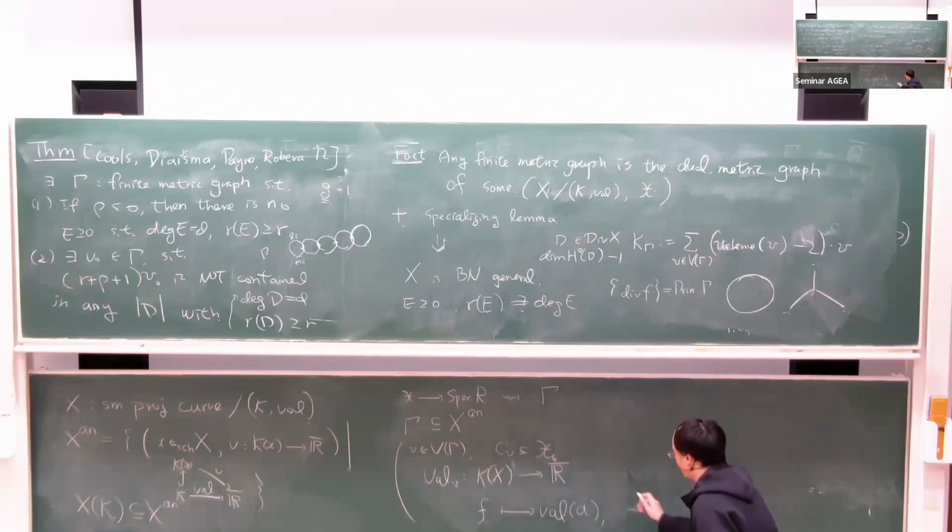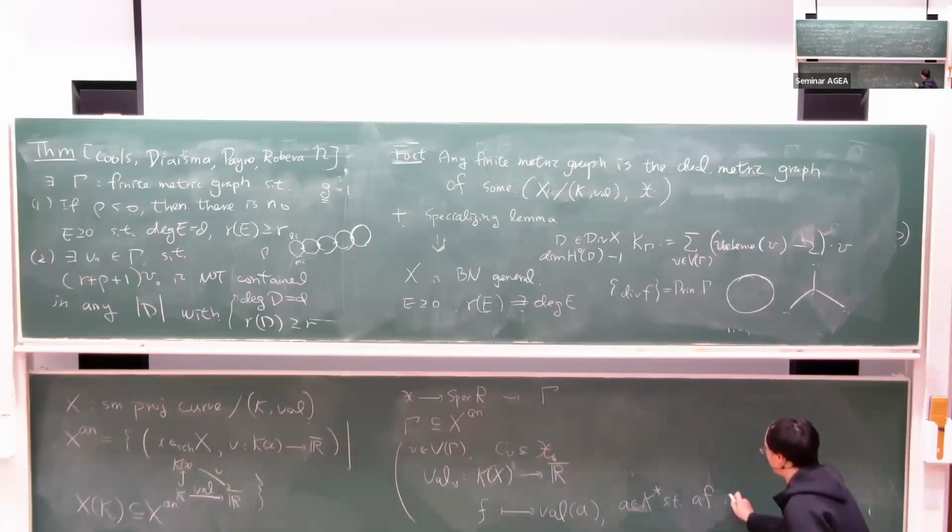a is a non-zero element of K, such that af is regular and non-vanishing at the generic point of this component.